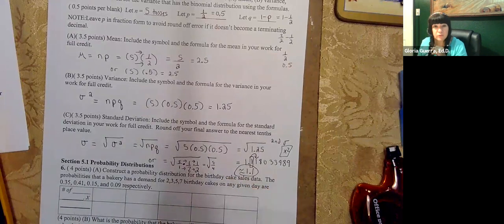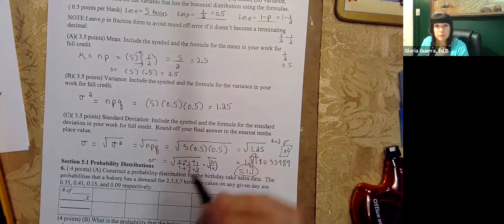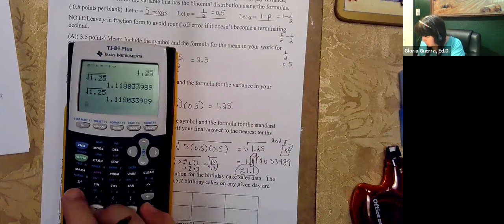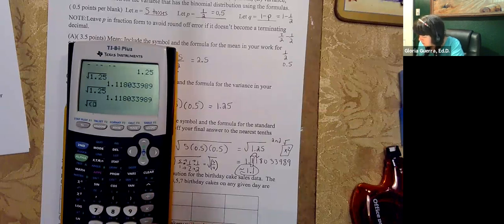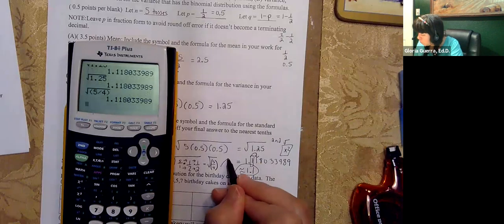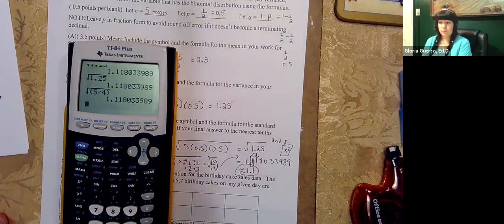That's the square root of 5/4. And it looks like I put that in parentheses here. So if I were to do that, second, square root, and then parentheses 5 divided by 4, we get the same thing. So that's in case you get something that doesn't terminate and you've got to work with your fractions, to give you a little review of your fractions there.